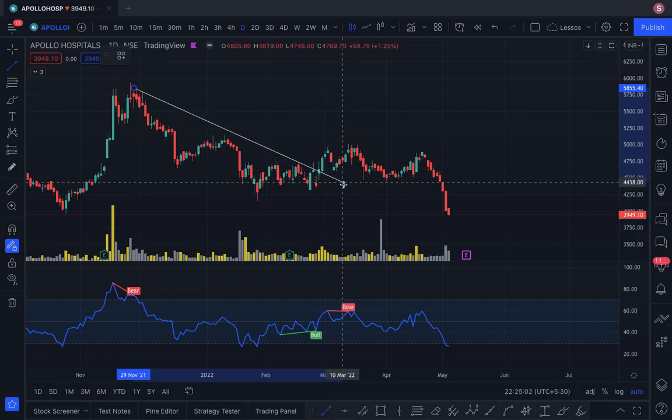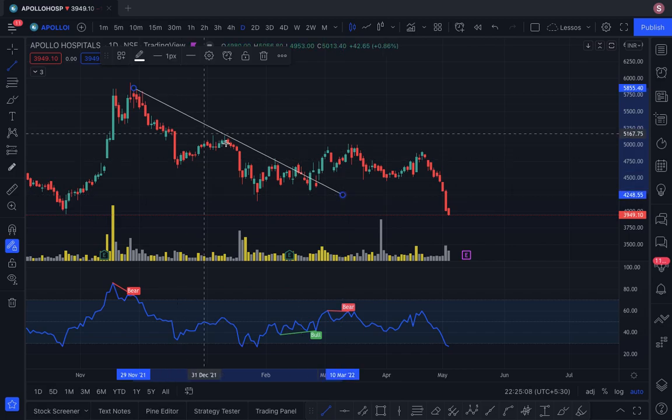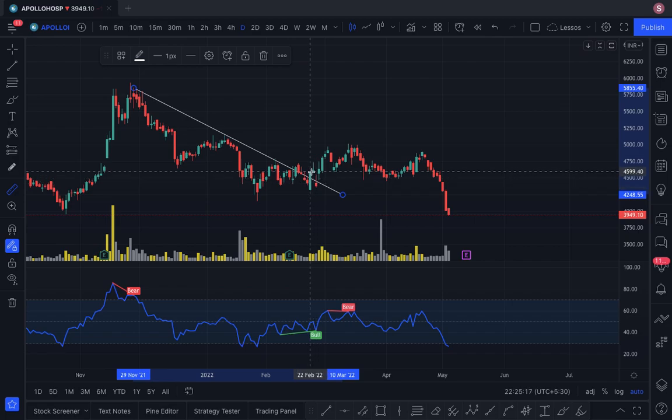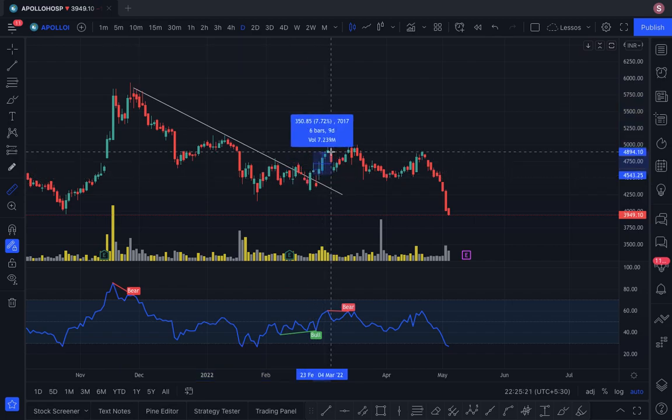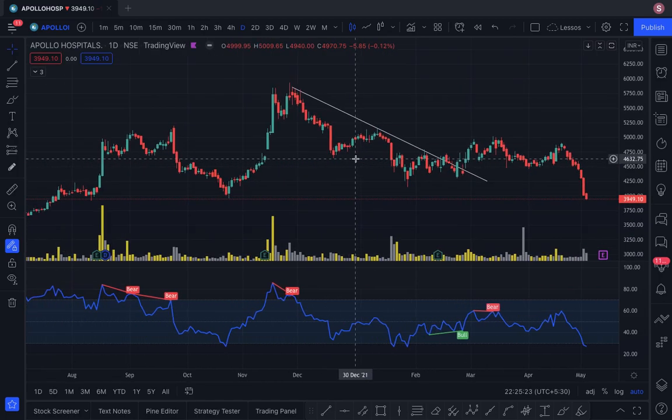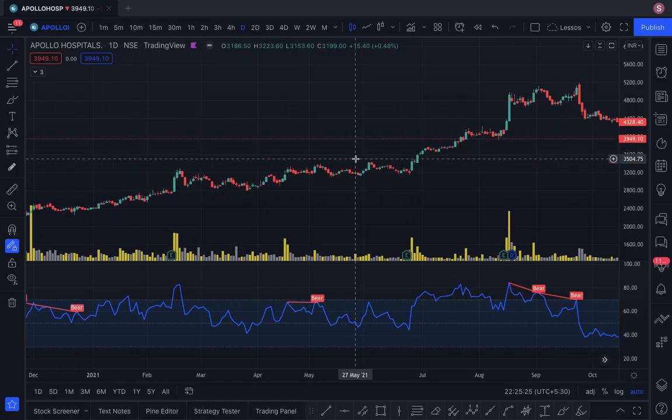So I'll connect these points. And you see here the price moves up and it gives us some profit. If the price broke down here and you had entered here, you would have gained around 7%, which is not a bad gain in a short period of time.